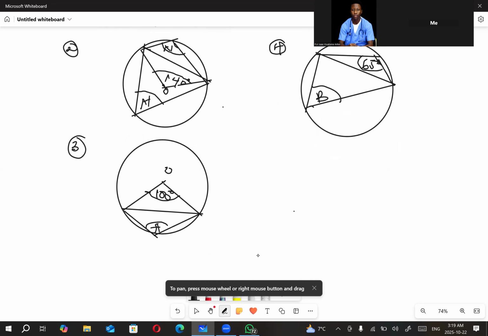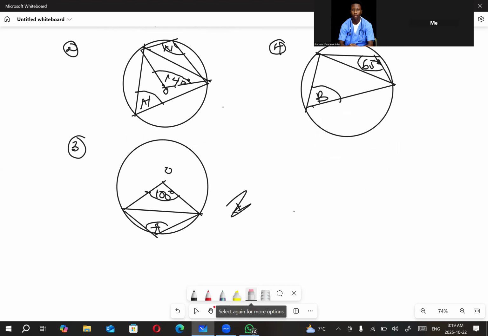Then number 3 is wrong. In math, when something cannot be solved, what do you write? Undefined. A is undefined. I want you to use your brain. The 100 degrees is made at the center, A is made at the circumference.